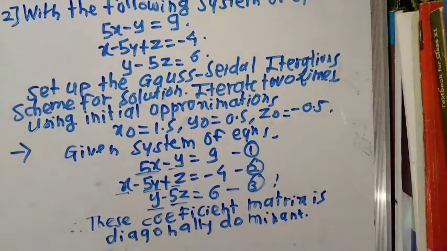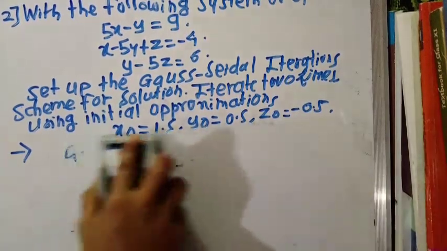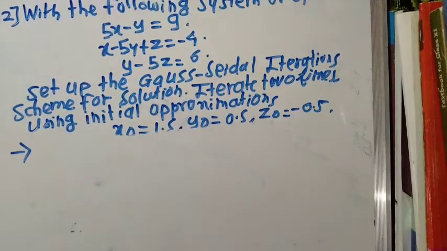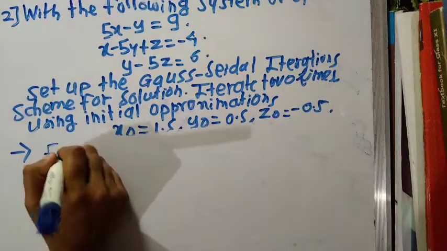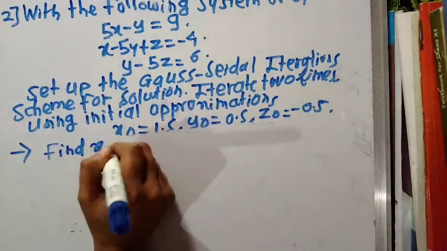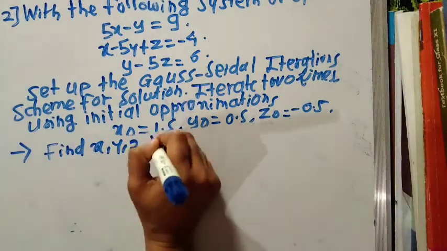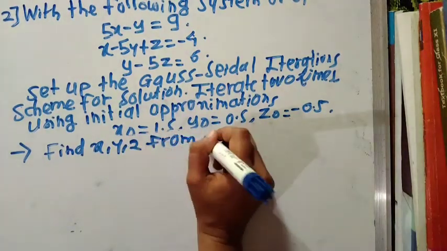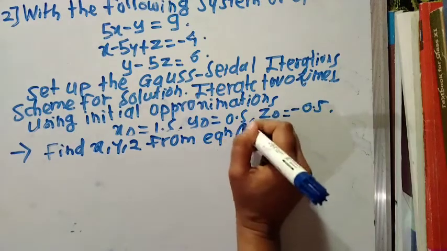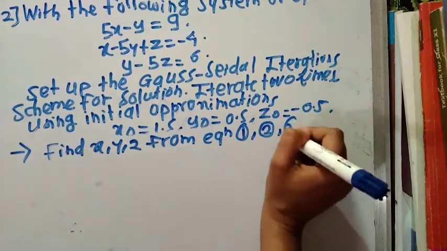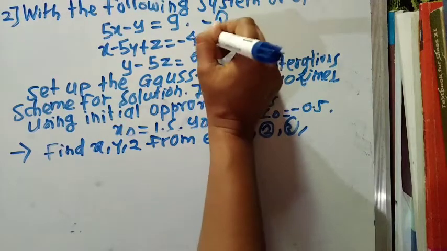Hence, find x, y, z from equations first, second and third.